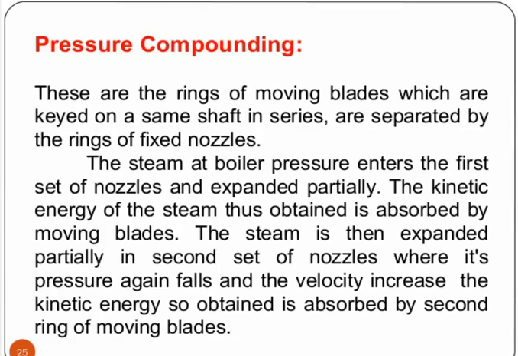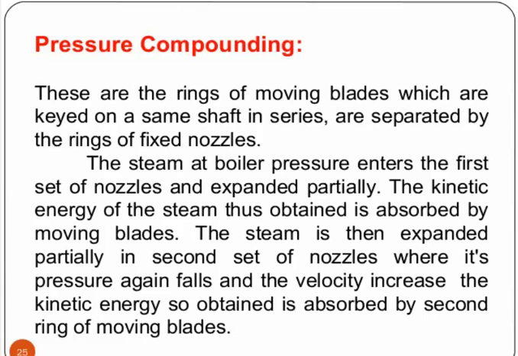Next we have pressure compounding. Pressure compounding has rings of moving blades which are keyed on a shaft in series and are separated by rings of fixed nozzles. The steam at boiler pressure enters the first set of nozzles and expands partially.